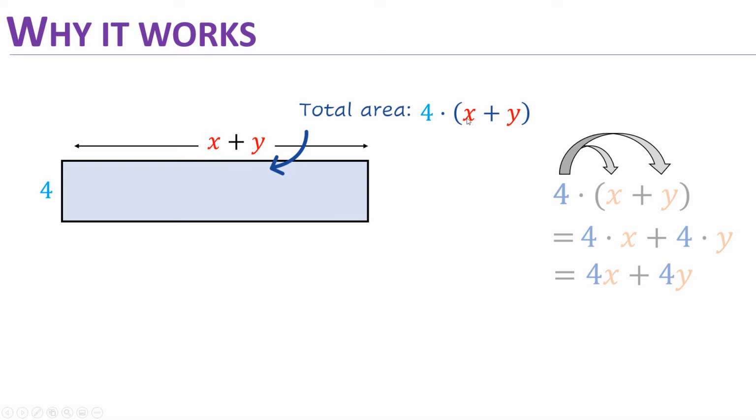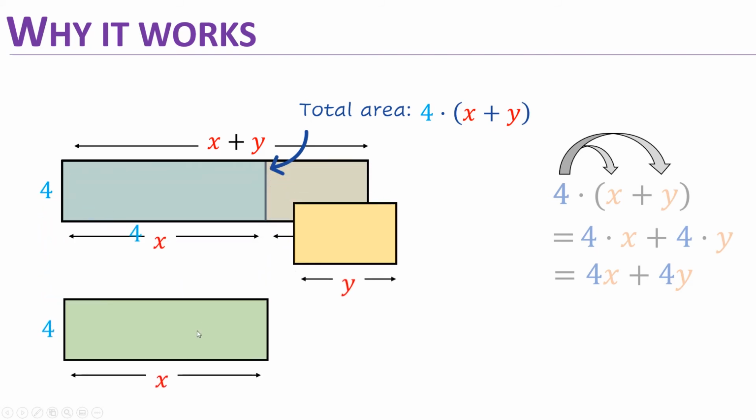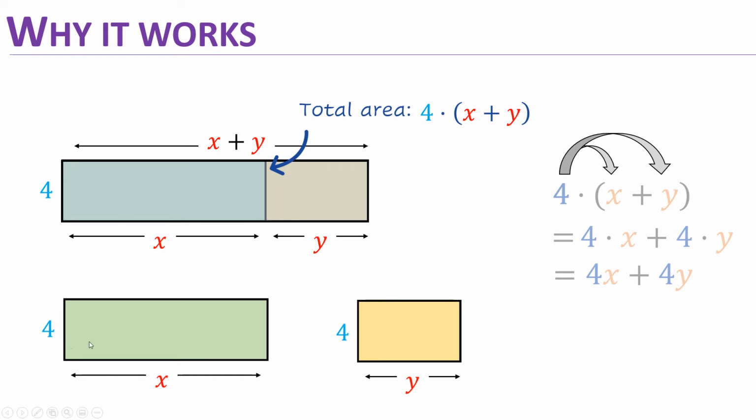This formula contains brackets because we want to show that we are multiplying 4 by the whole length, not just by x. But we can break the rectangle apart to get two rectangles, one with length x and one with length y. What are the areas of those individual rectangles? Well, the area of this rectangle will be 4 times x, so 4x, and the area of this rectangle is 4 times y.